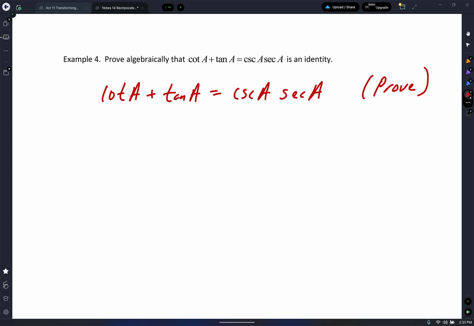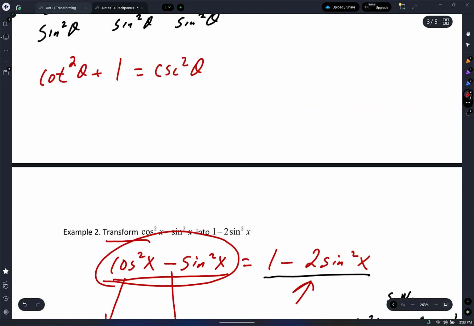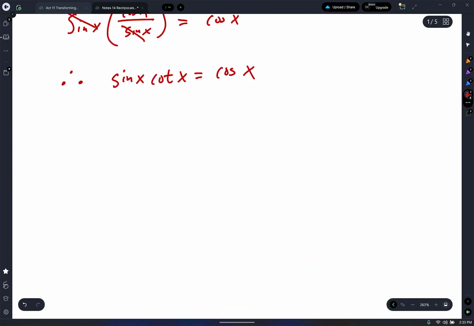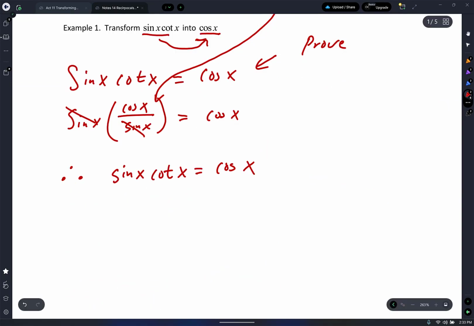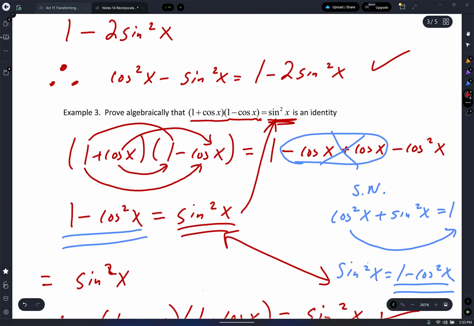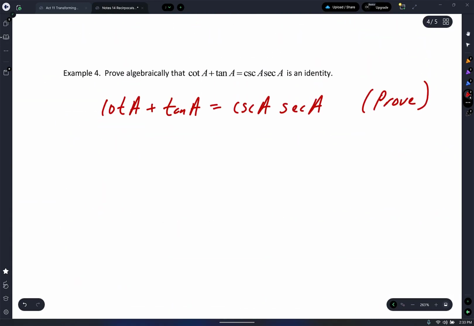You guys ready? Cotangent is what over what? Okay, but instead of x over y, tell me. Yeah, cotangent is cosine over sine, and then tangent is sine over cosine. So that's what we're doing. So I'm going to come over here, and here's what I'm going to write.